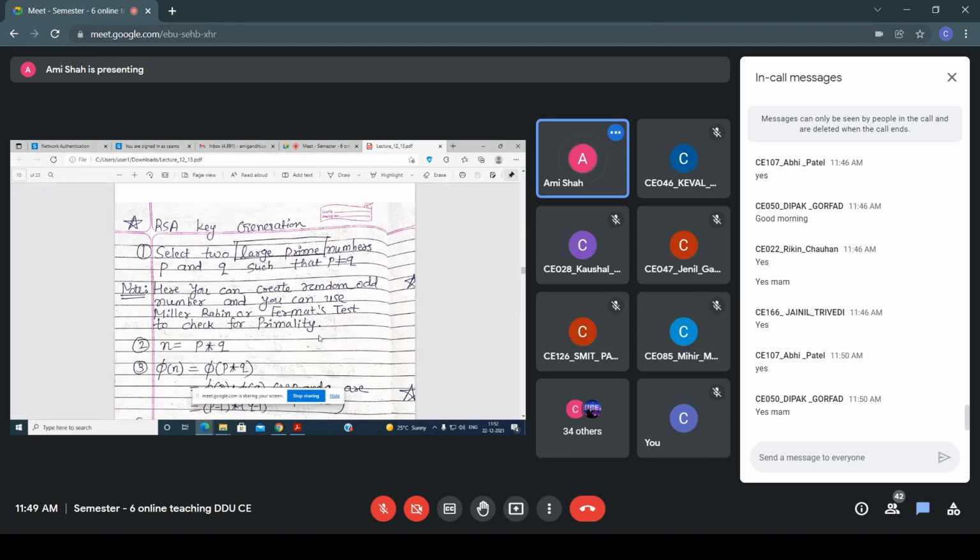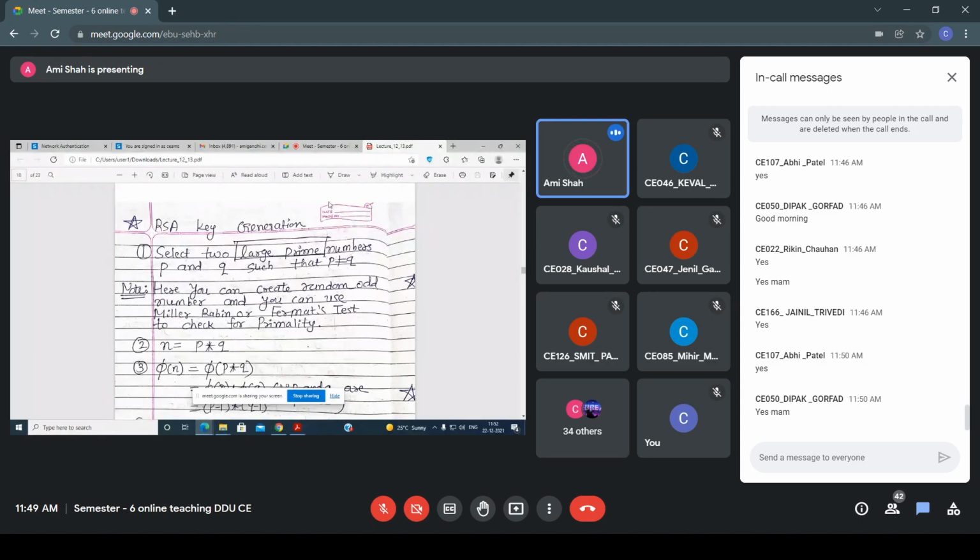In the next lecture, I will explain the Miller-Rabin or Fermat primality test. With the help of this test, you have to check whether the numbers entered are prime or not. Once a number is prime, it is considered for the RSA algorithm.